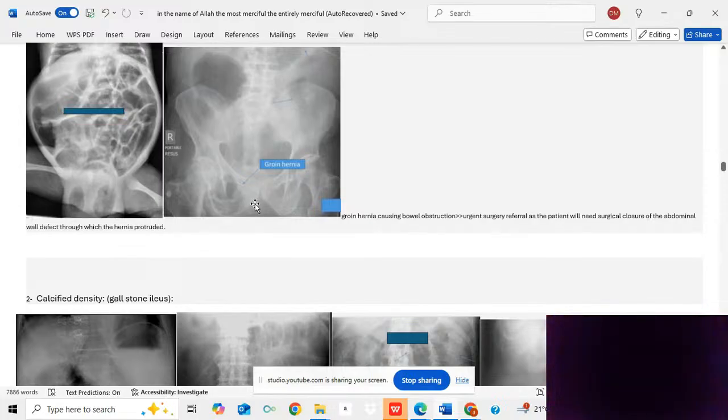These patients need urgent surgical referral for surgical closure of the abdominal wall defect.